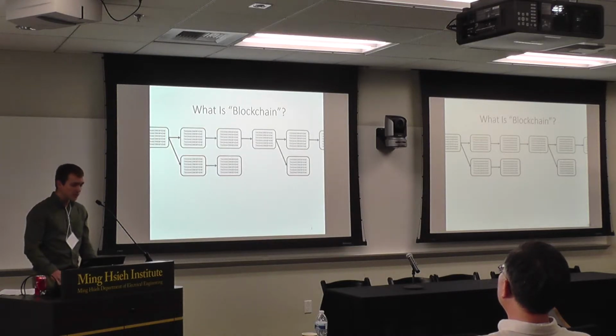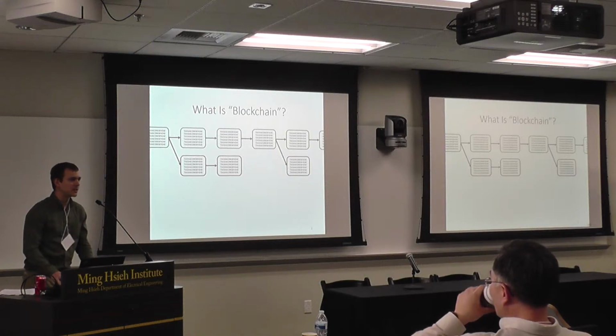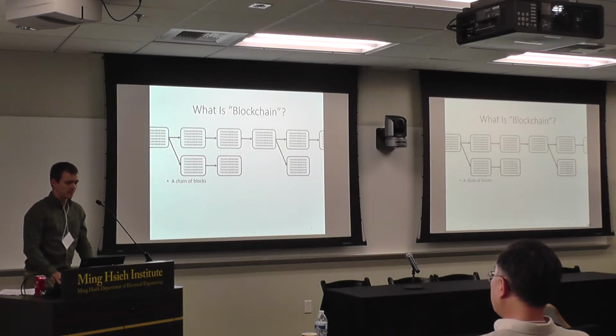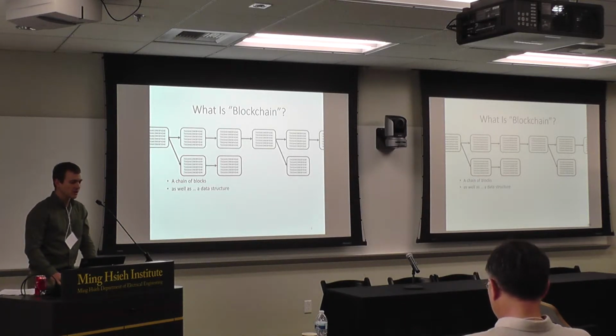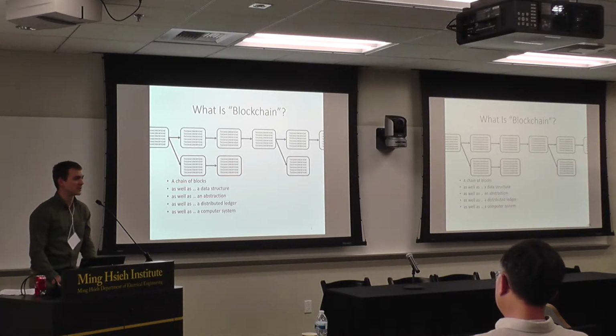But what is blockchain? What exactly is that? Well, there are many things one could say. Blockchain, obviously, is a chain of blocks, but that doesn't really help us too much. Blockchain can be seen as a data structure, as an abstraction in distributed computing. Blockchain is a distributed ledger. It's even a computer system sometimes.